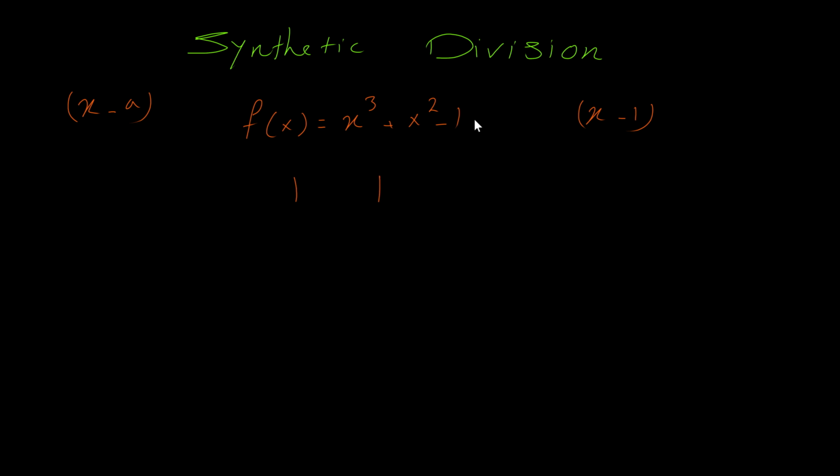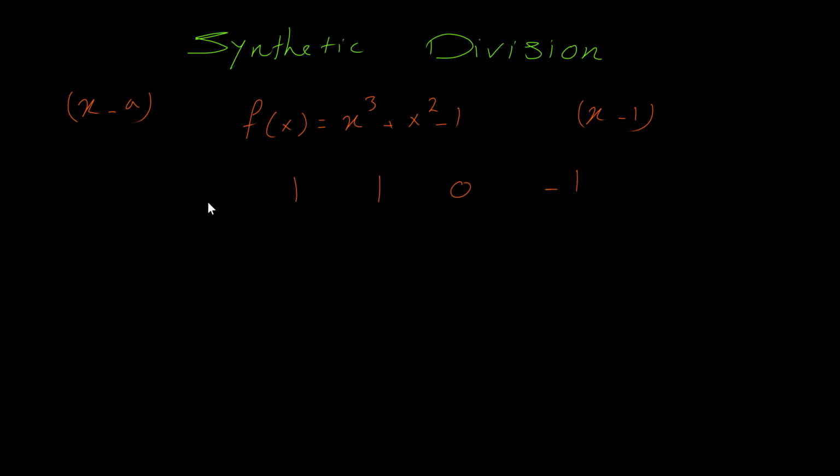Then the next one should be x to the power of 1. I don't have that here, so that means the coefficient is equal to 0. I have to write all the degrees. Then the next one is x to the 0 with the coefficient of negative 1. So that's the f of x, and I'll write it on the first row.